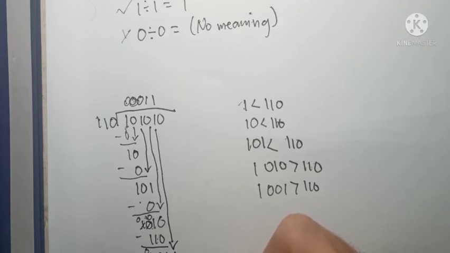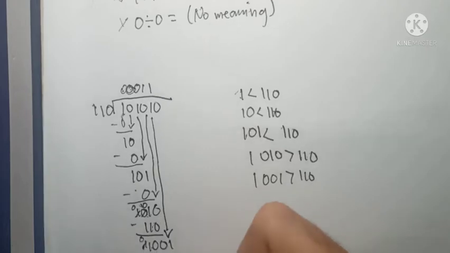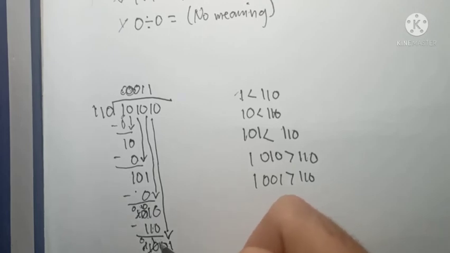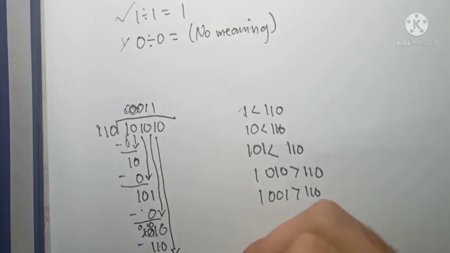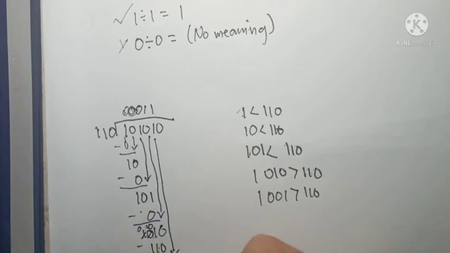We still cannot subtract 0 and 1, so we'll borrow from here. We can now borrow from here. This will become 1 and this will become 10. 10 minus 1 is 1. And 1 minus 1 is 0.